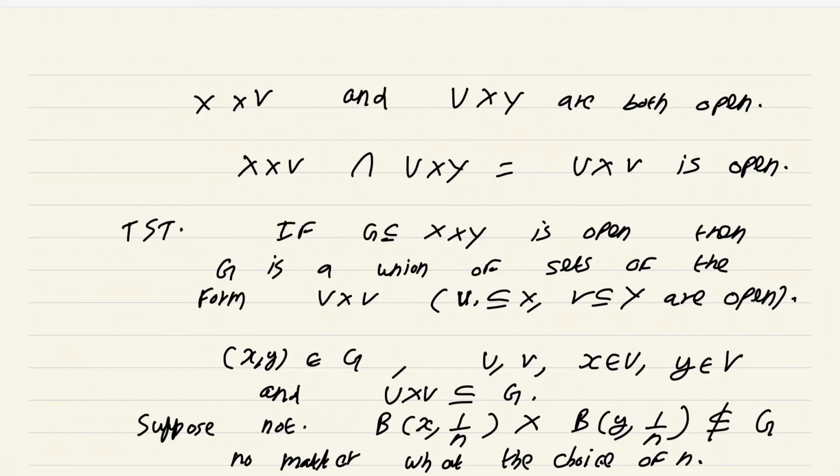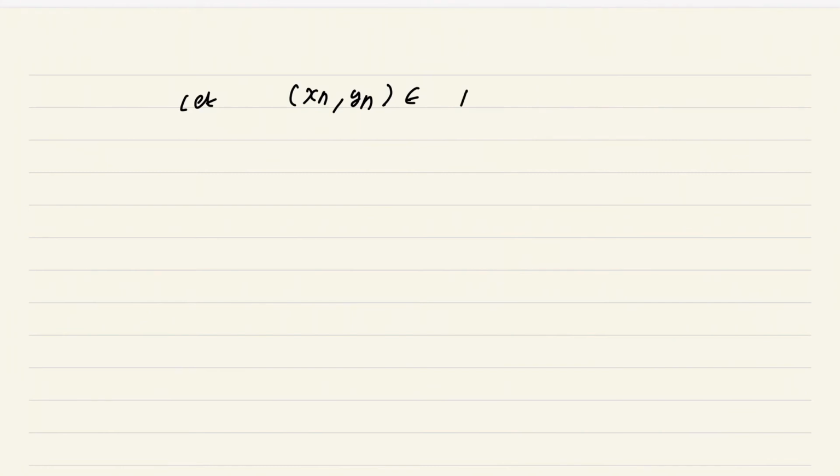Okay. Now, what does this suggest? Well, let (x_n, y_n) be an element of B_x(1/n) Cartesian product B_y(1/n). So essentially we are taking a sequence, which is ultimately what we should be doing, because the hypothesis is entirely on the behavior of sequences.